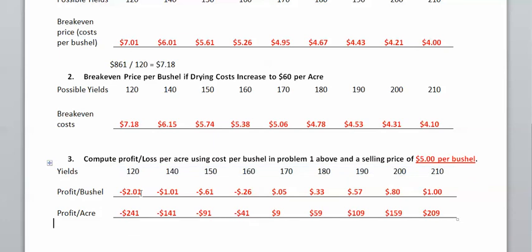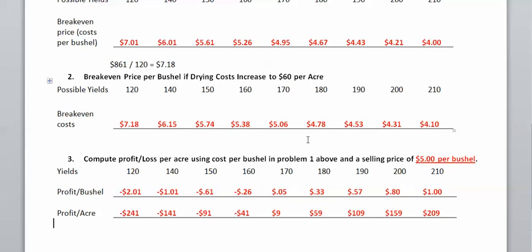So $2.01 times 120, that's $241.20 an acre loss. $1.01 loss per bushel times 140 bushels is $141.40 loss per acre. So you see what I'm explaining here. You just take your profit or loss per bushel times number of bushels.